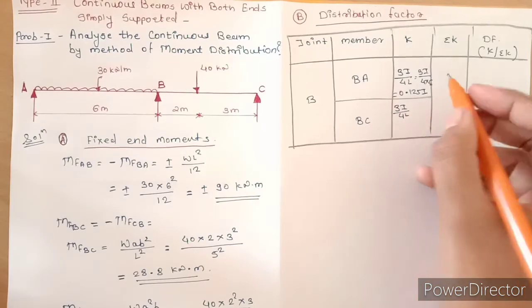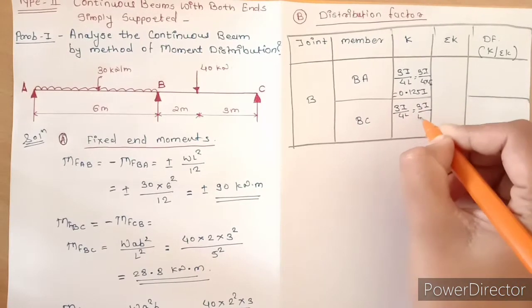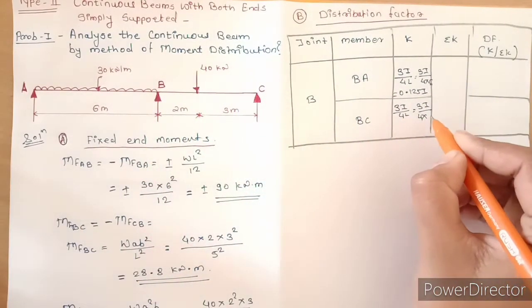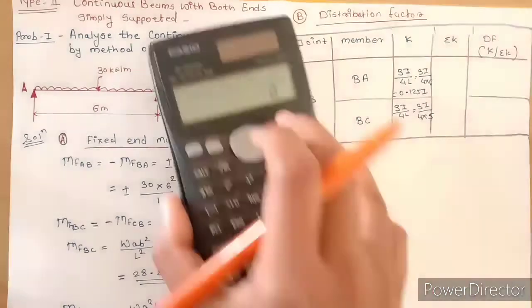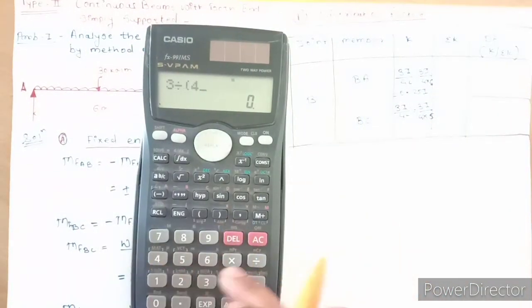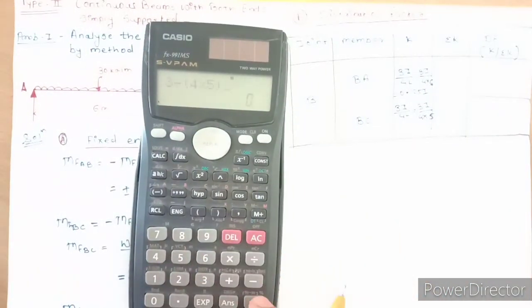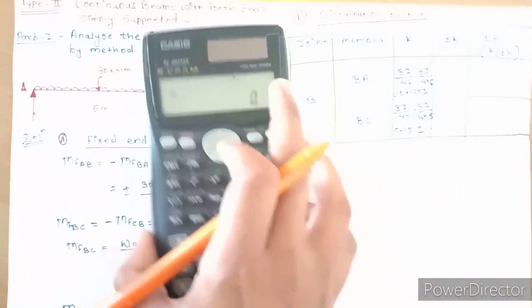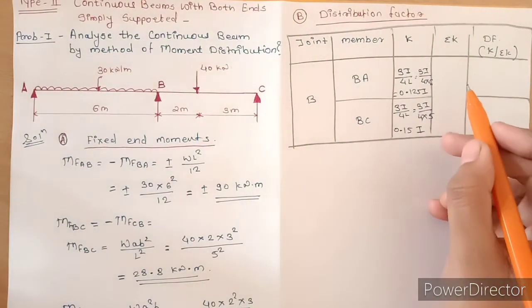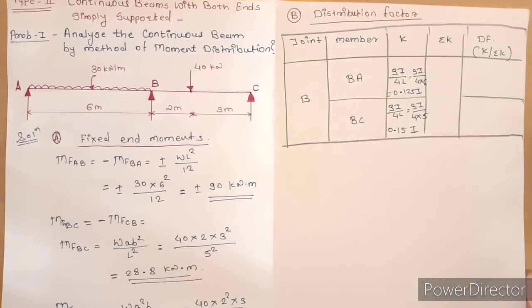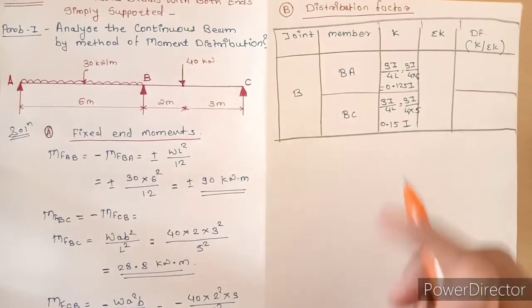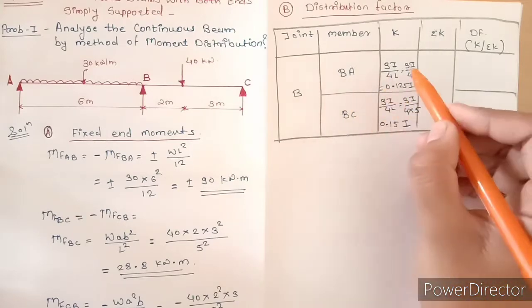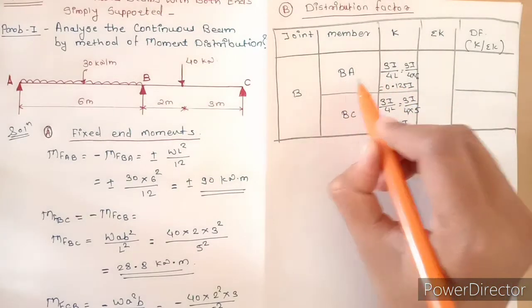Here 3I divided by 4 multiplied by the length, and the length for member BC is 5. So 3 divided by 4 multiplied by 5 is equal to 0.15 I. Then next, to find the total stiffness, which means the addition of the relative stiffness for members BA and BC.